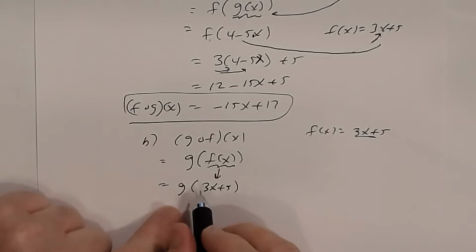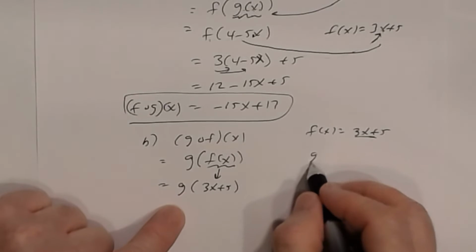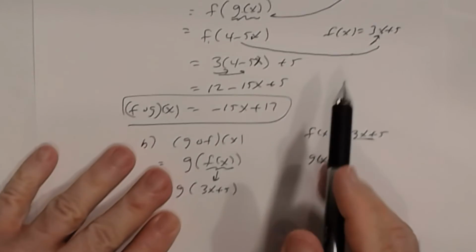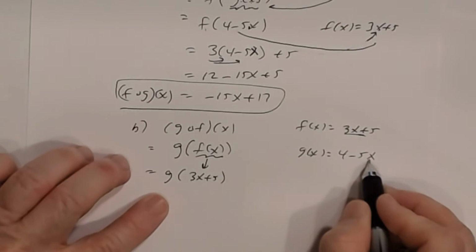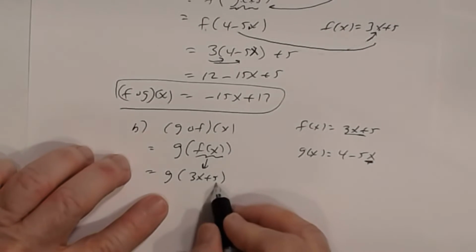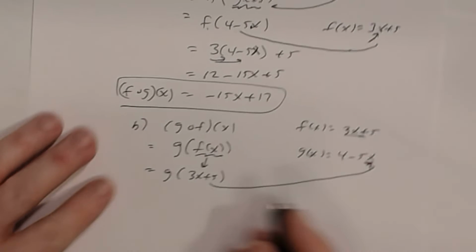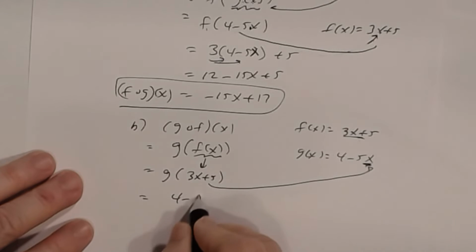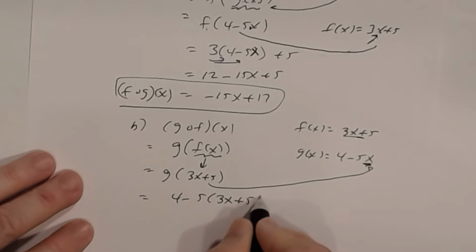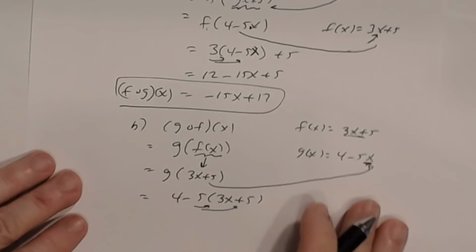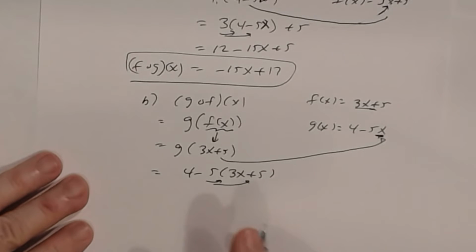And now I go to my function g, which is 4 minus 5x. And this time, where we see the variable x, I'm going to substitute 3x plus 5. So this becomes 4 minus 5 times 3x plus 5. And now I get rid of the parentheses. You got to multiply first before you subtract.